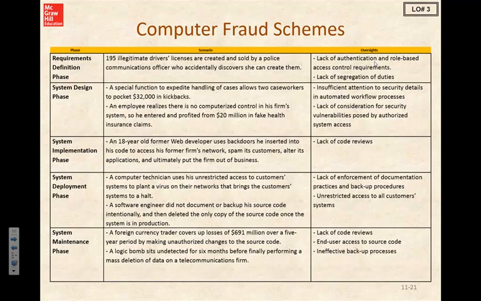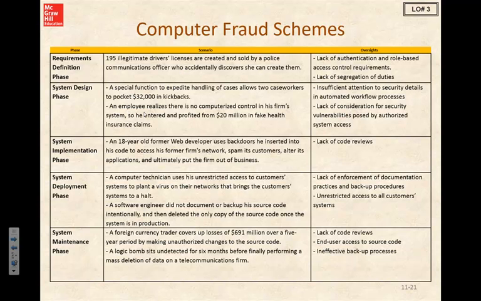So here the oversights would be a lack of authentication and role-based access control requirements, as well as lack of segregation of duties. Next scenario, a special function to expedite handling of cases allows 2 caseworkers to pocket $32,000 in kickbacks. Here we've got insufficient attention to security details in an automated workflow process.